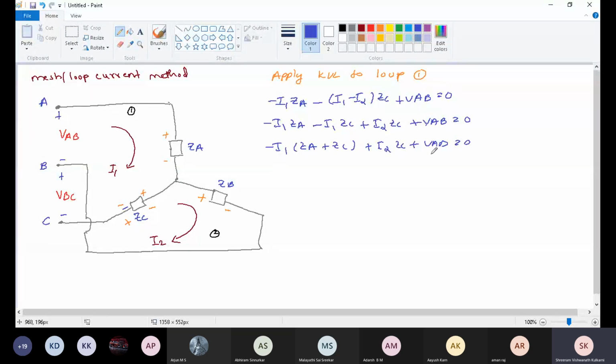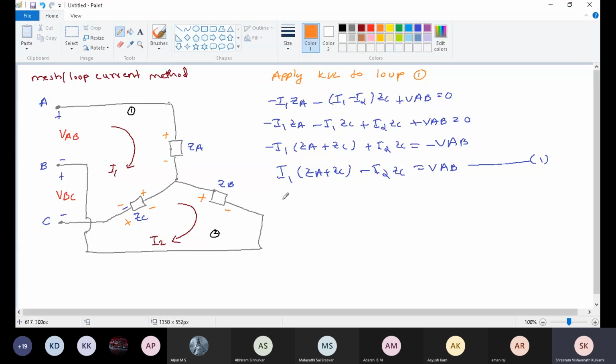Now I get minus I1 (ZA plus ZC) plus I2 ZC plus VAB equals 0. Now I can shift this voltage to that side, equals to minus VAB. Finally, I'll get I1 (ZA plus ZC) minus I2 ZC equals to VAB. This is my equation 1.